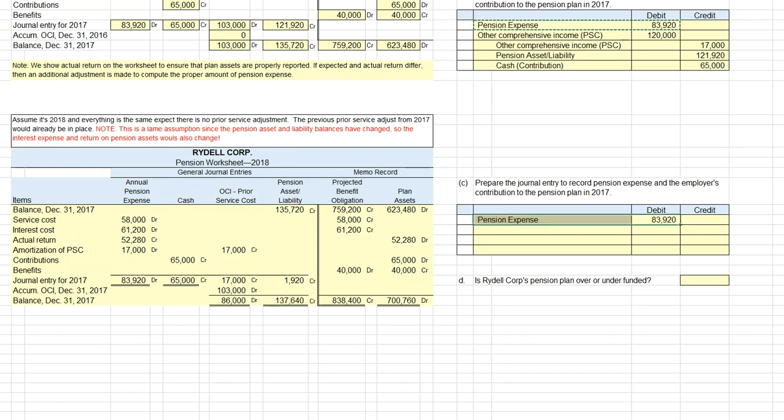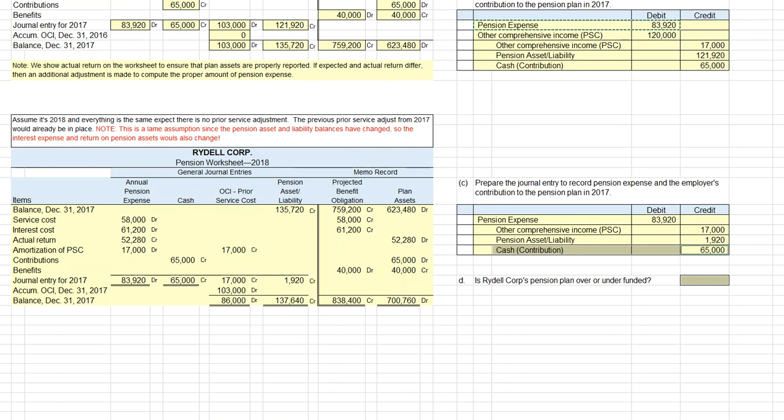We will have debited our pension expense for the $83,920. We are going to credit our other comprehensive income for the $17,000. We had an increase in our pension liability of $1,920, and we made a cash contribution of $65,000.